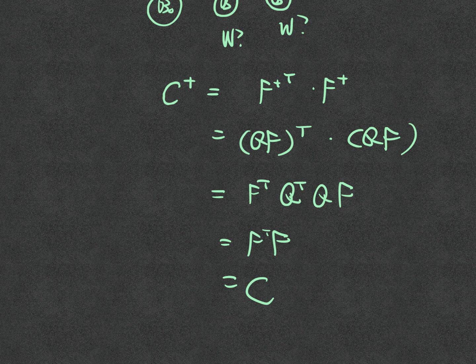Okay, so what is the lesson learned here? No matter what coordinate system I choose, I would simply get back the same C. Okay, so it doesn't really matter what coordinate system I pick, the C is identical, and hence the input.